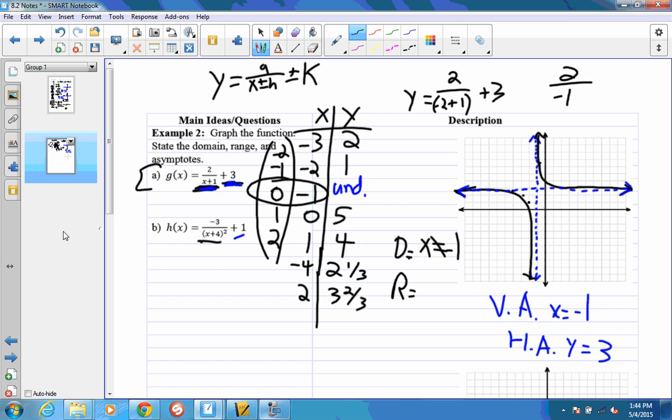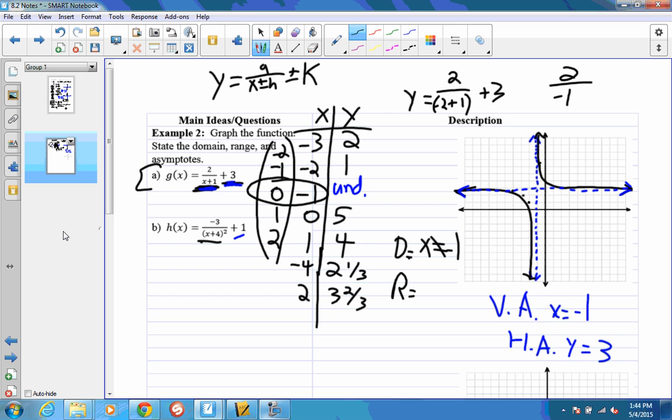Right. Good. Range, Colton. Y is greater than 3? No. It can be. So you're half right. What can y also do? It can be greater than 3, right? So here's 3. It can definitely be greater. Can it also be less than 3? Yeah.